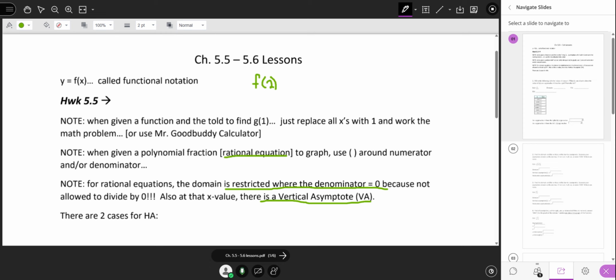There are two cases for the horizontal asymptote, HA. Case 1: the degree in the denominator is bigger than the degree in the numerator.